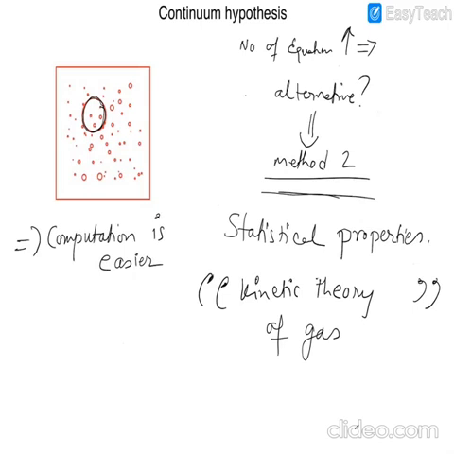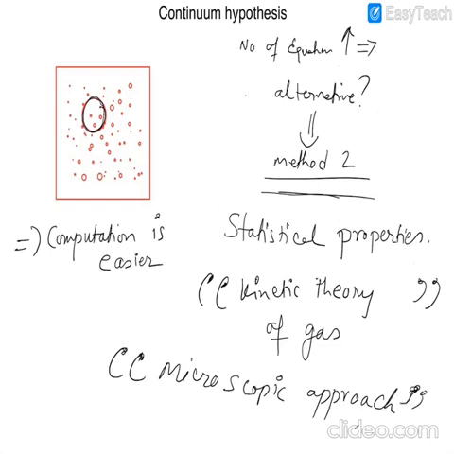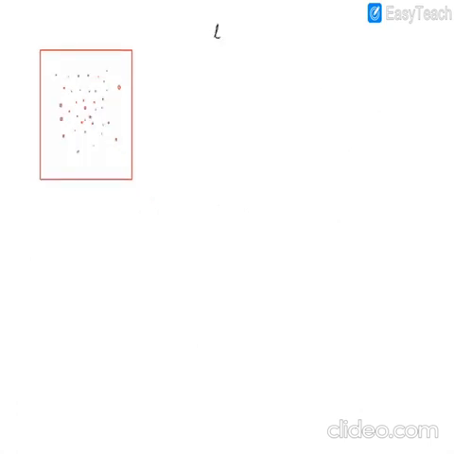On the other hand, this type of method is called a microscopic approach, right? Initially what we saw was tracking each molecule and trying to address the system, which we do in molecular dynamics.